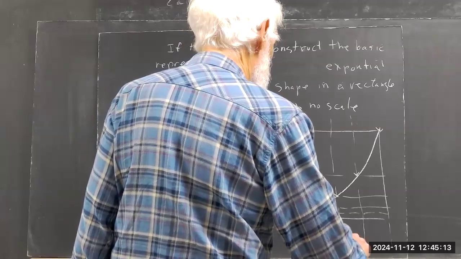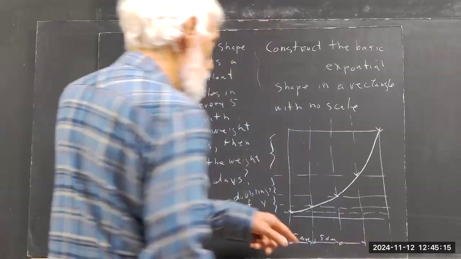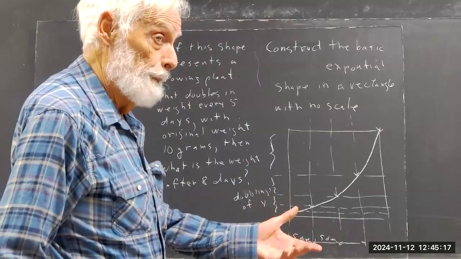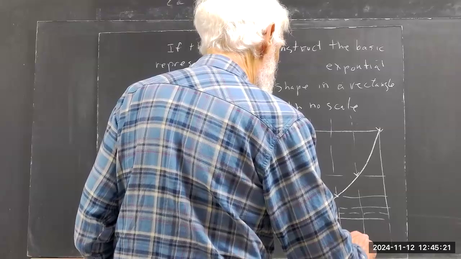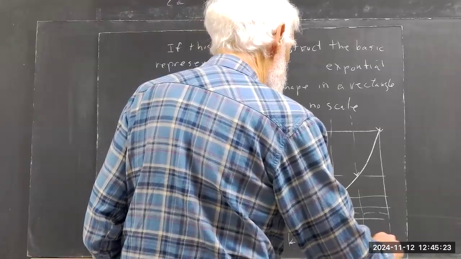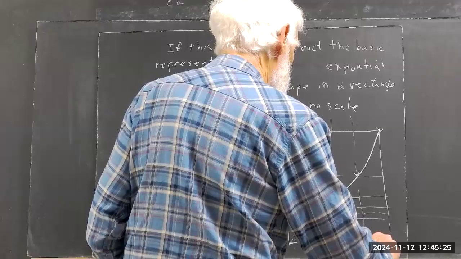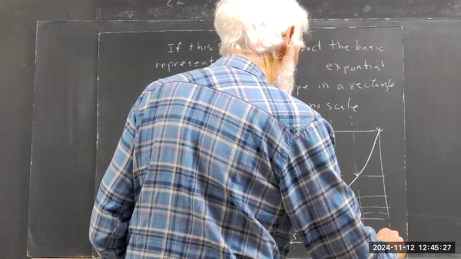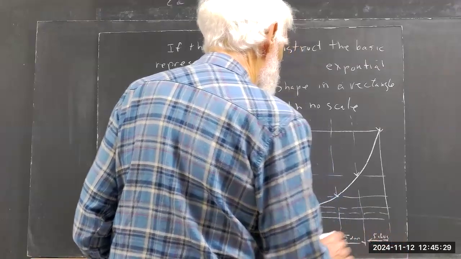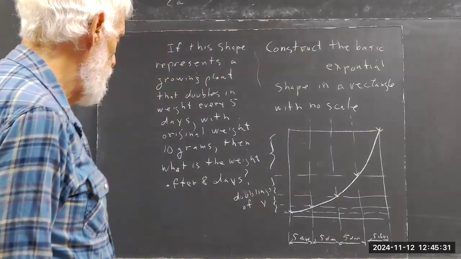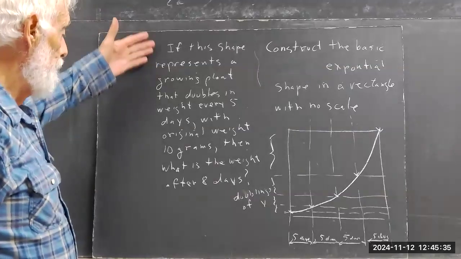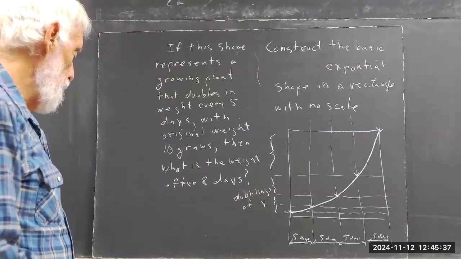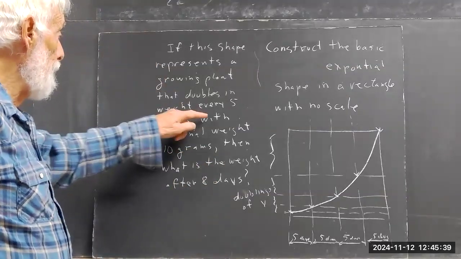That thing after the 5 just says days, okay? Try to write the 5 legibly. Okay. So that takes care of the fact that it doubles every 5 days.